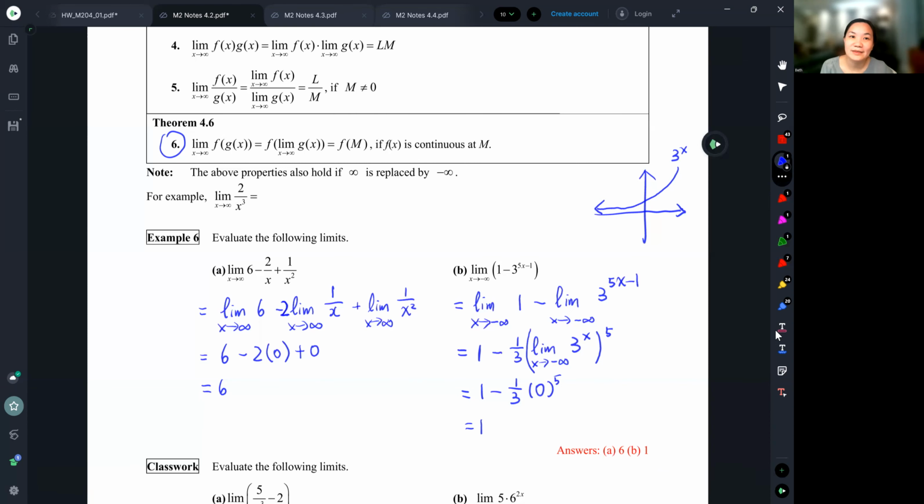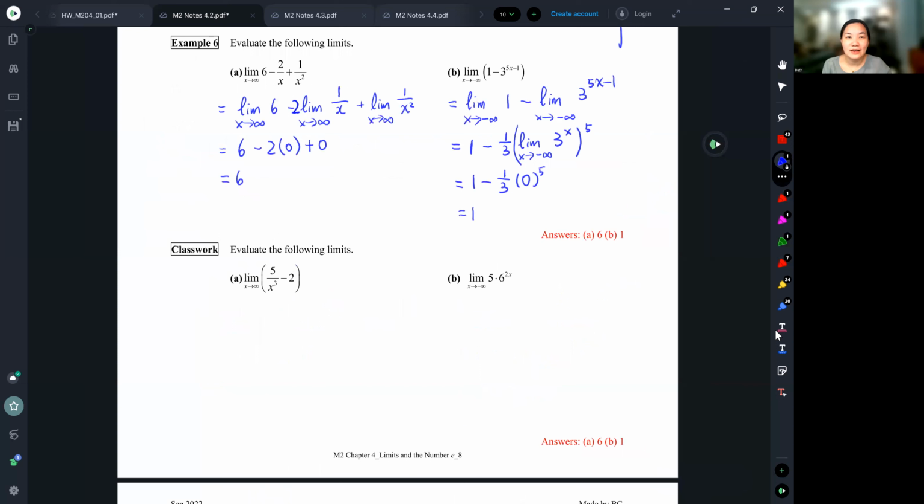Now, I know it's not very clear. But will you try? Try these two. And turn on your cameras. When you're done, you let me know.